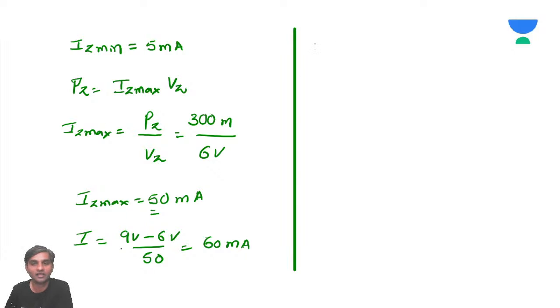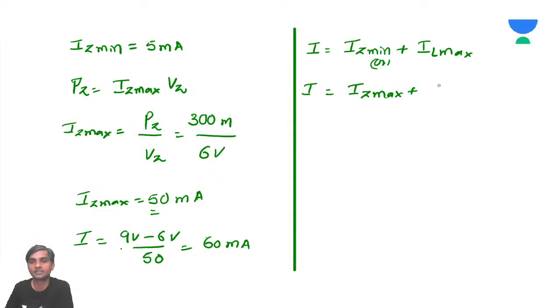Then what is I? I is equal to IZ minimum plus IL maximum, or I is equal to IZ maximum plus IL minimum.